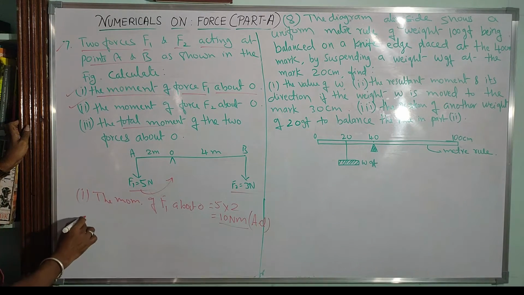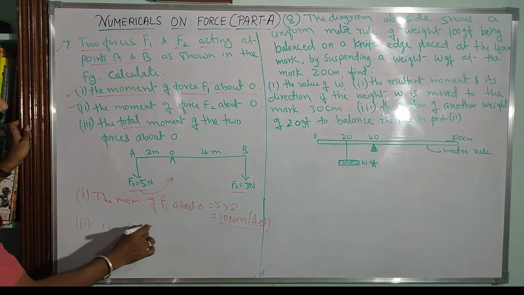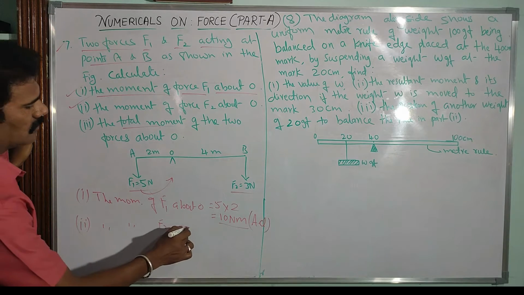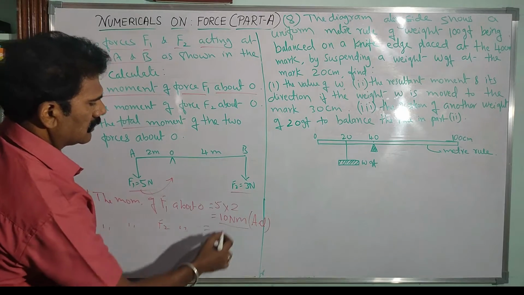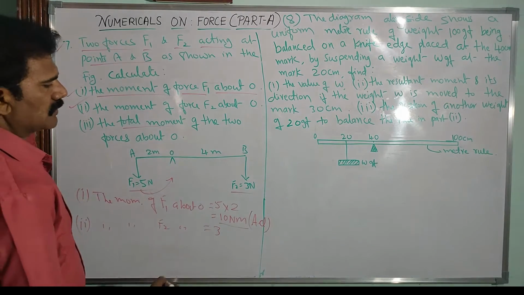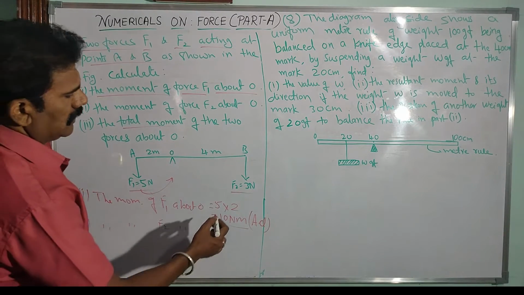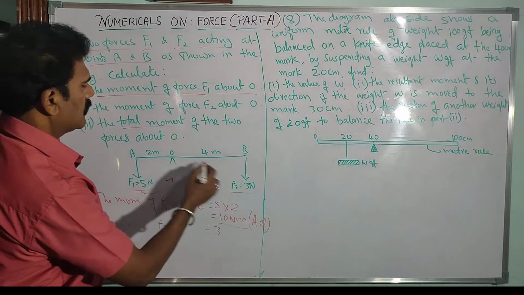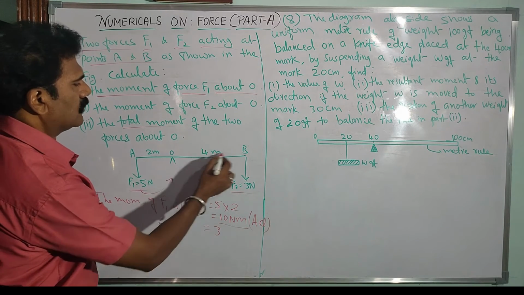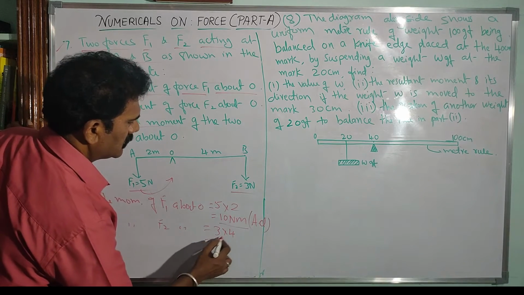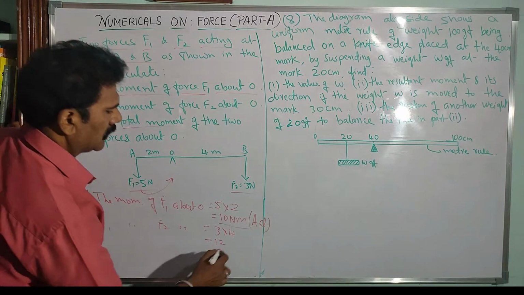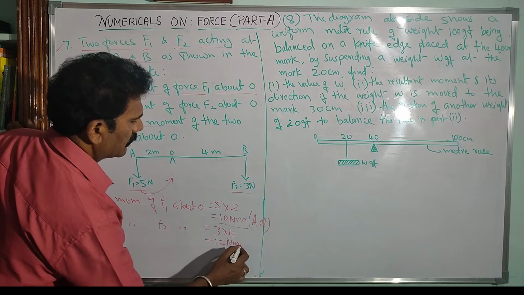Similarly, you calculate the second part, the moment of the force F2 about the point O. The magnitude of the force is 3 Newton, and the perpendicular distance of the force from the pivoted point is given as 4 meter. So 3 into 4 is equal to 12 Newton meter.